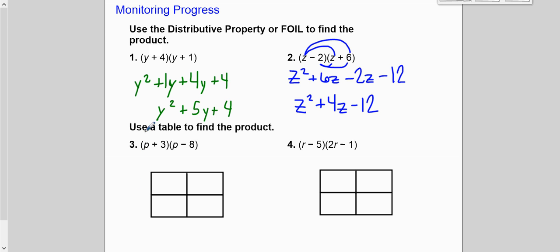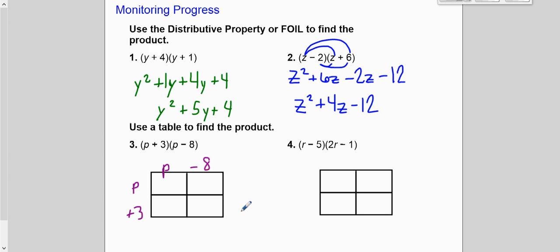Okay, let's try number 3. Use a table. So we're going to set this at P plus 3. I can do the P here and the plus 3 here or here. Doesn't matter. You have to make sure to use this as a -8 and then multiply. Put it in the box. Multiply. Put it in the box. Multiply. Put it in the box. Multiply.